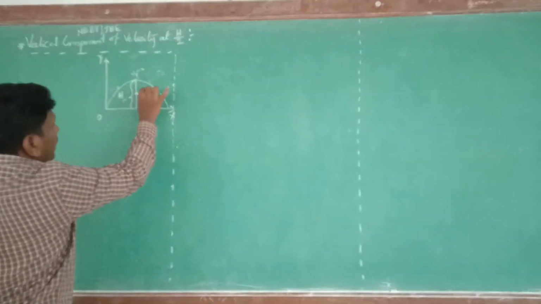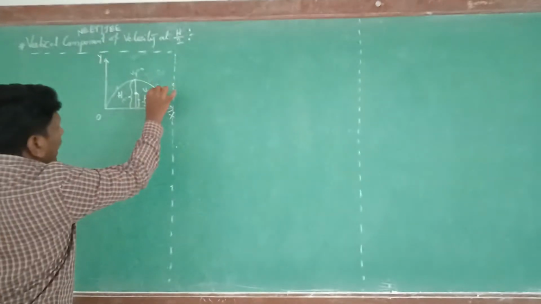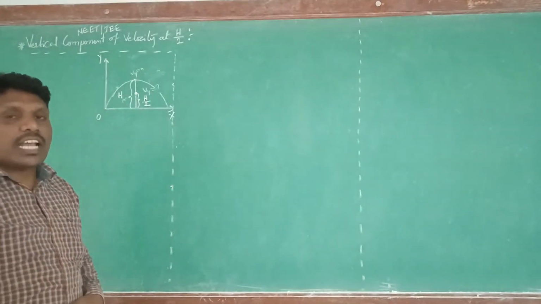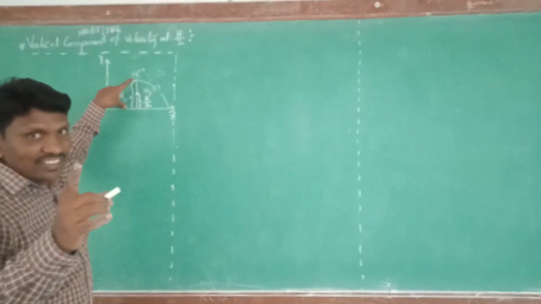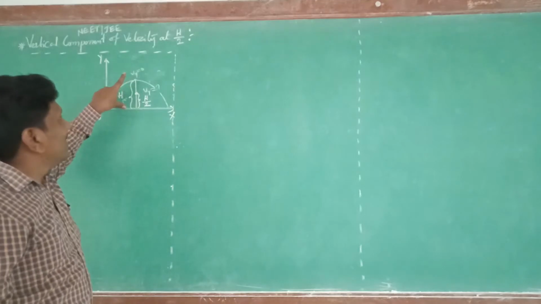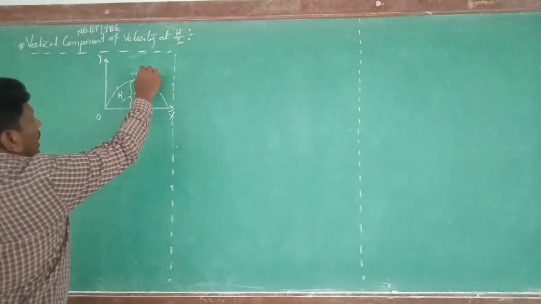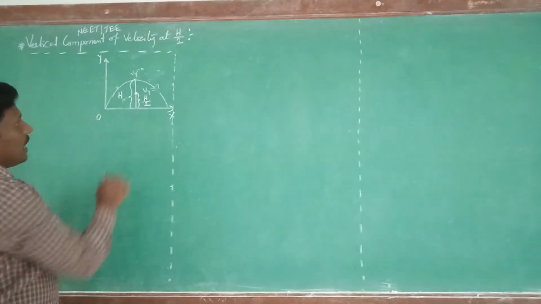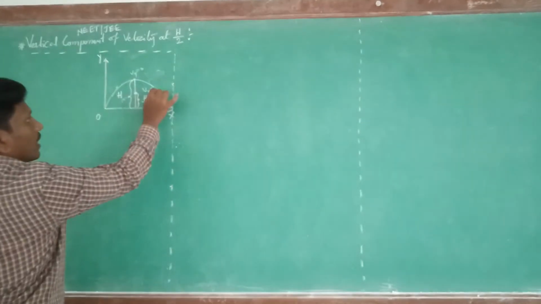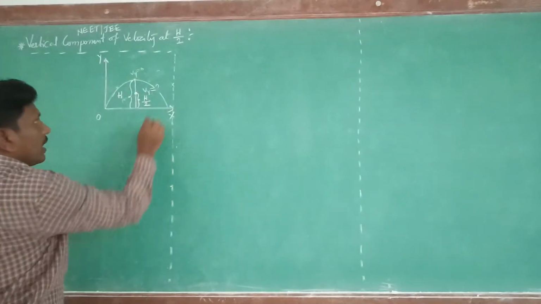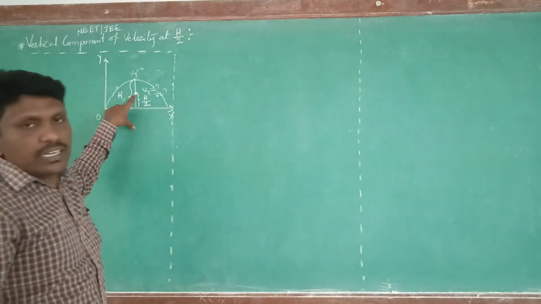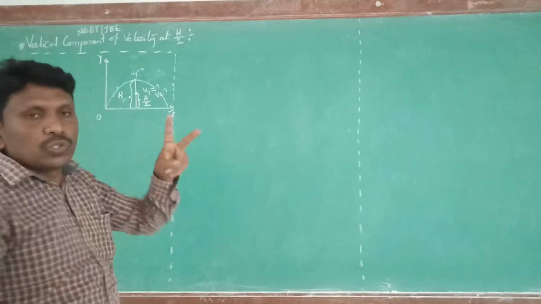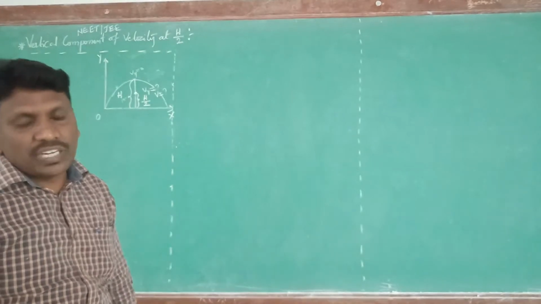Here the expression is there, but Vy at the top point is 0. Don't forget. Next, we are going to find out Vy and also the final velocity V at that h by 2. Two expressions we are going to find out. Listen to it.